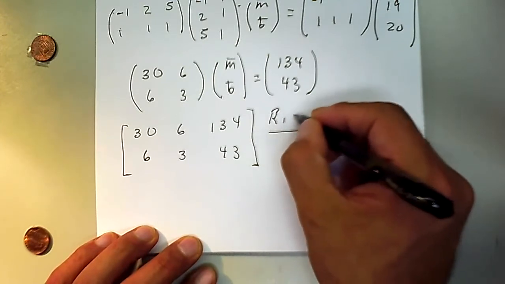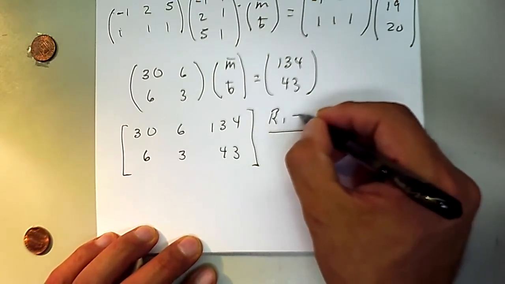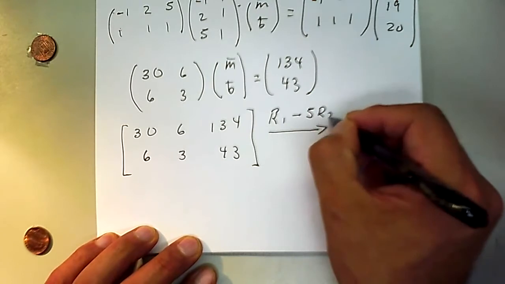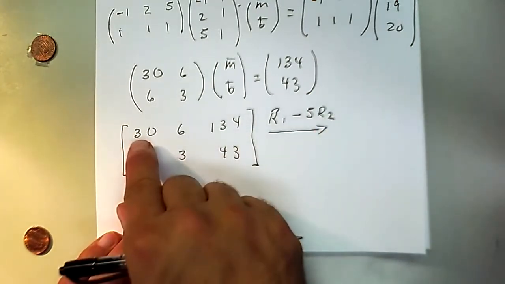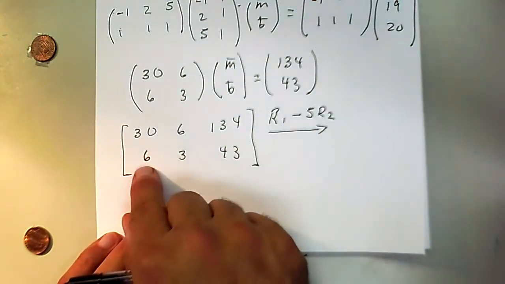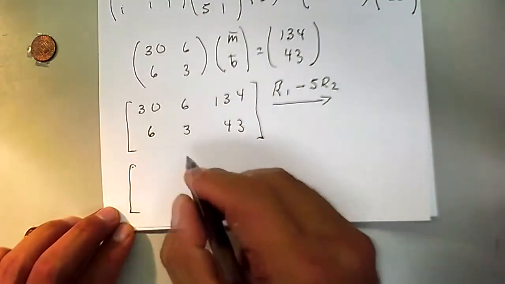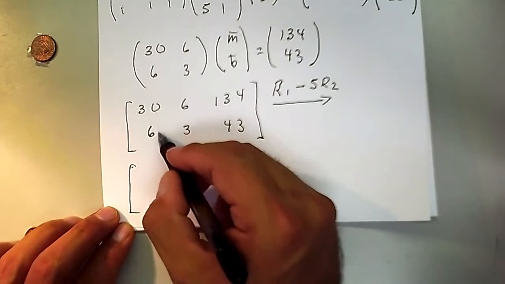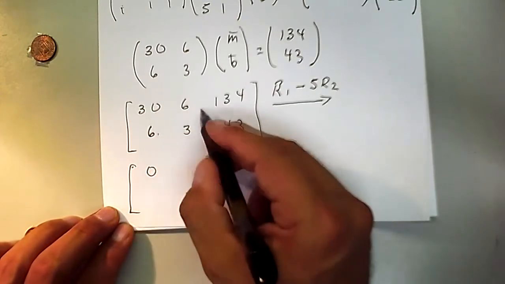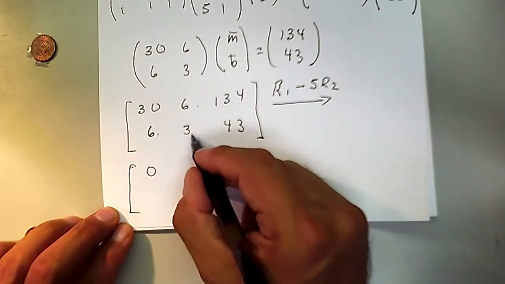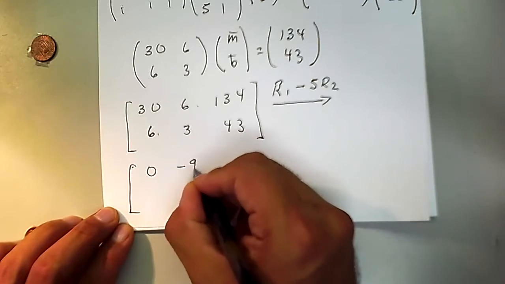R1, let's take away 5 times R2 to clear this 30 off with the 6. So we will have 30 minus 30, 0, 6 minus 15, -9.